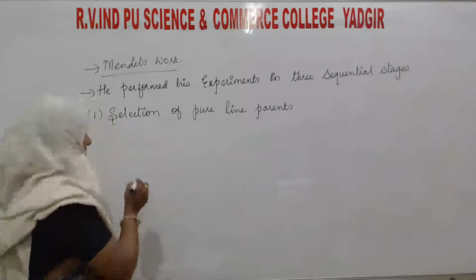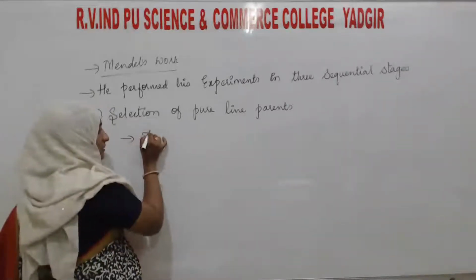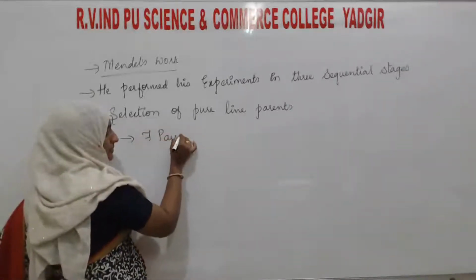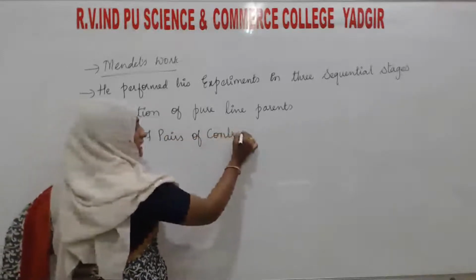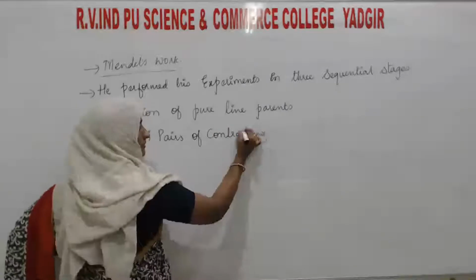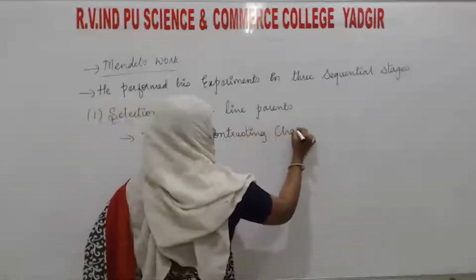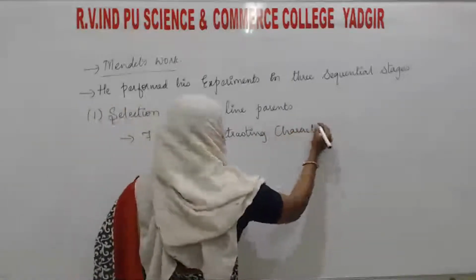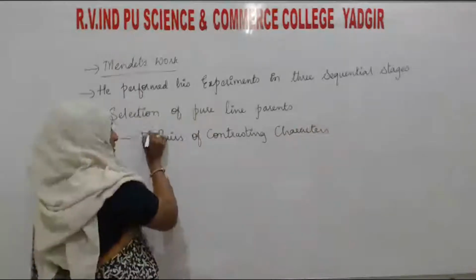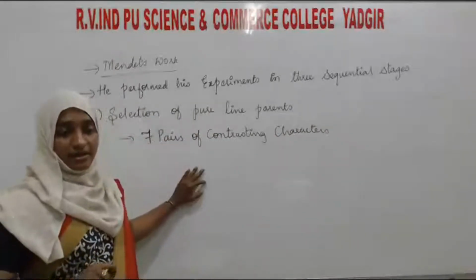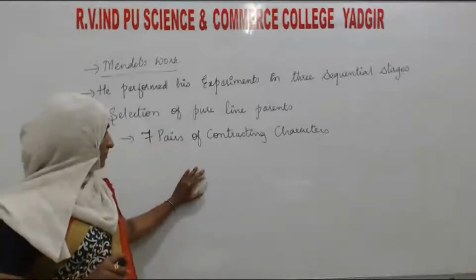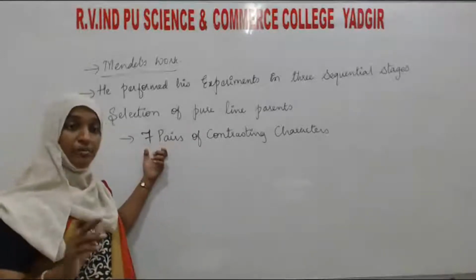How many pairs? Mendel selected 7 pairs of contrasting characters from the pea plant, and that too in pairs.